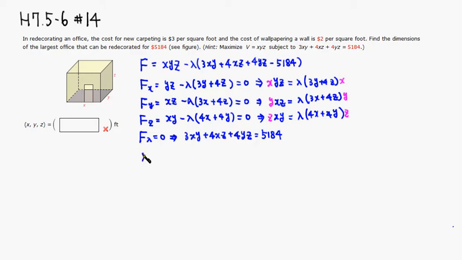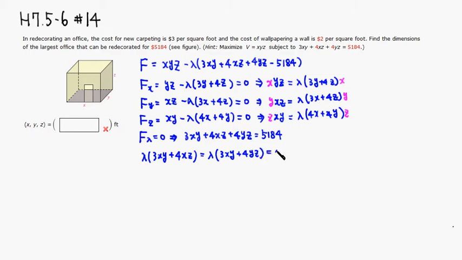So we have this equation. Lambda times, distributing x to both terms, 3xy plus 4xz. This is the same thing as lambda times 3xy plus 4yz.